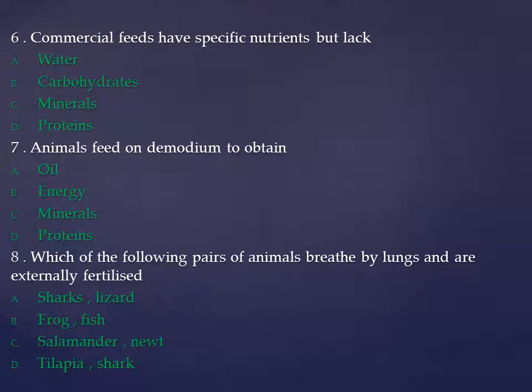Number 7. Animals feed on desmodium to obtain dash. Points. Leguminous pasture provides proteins to the animals. They include clover, desmodium, alfalfa, lucerne, and glycine.